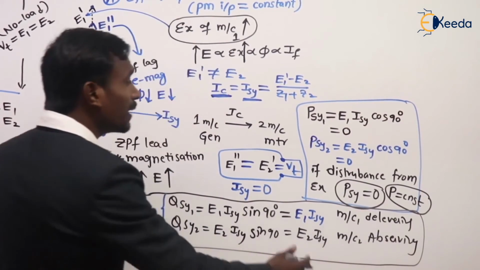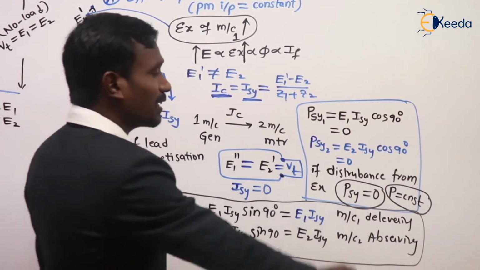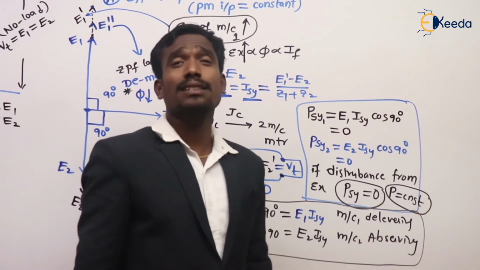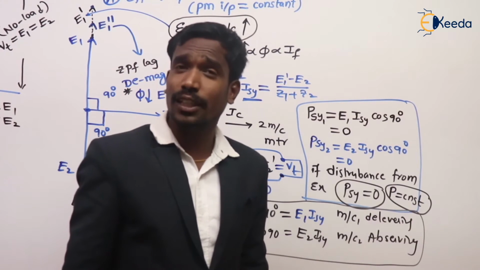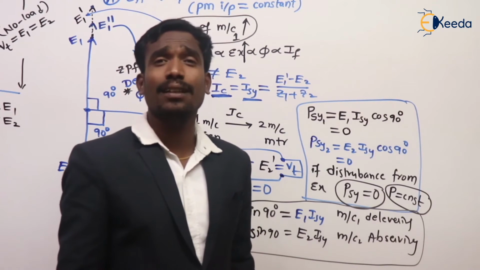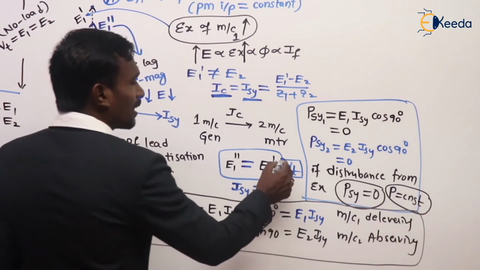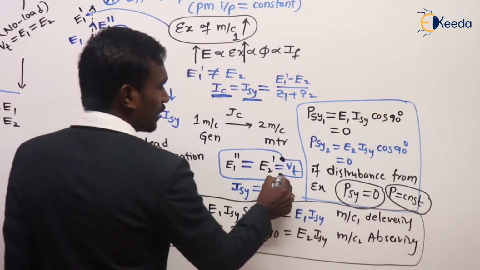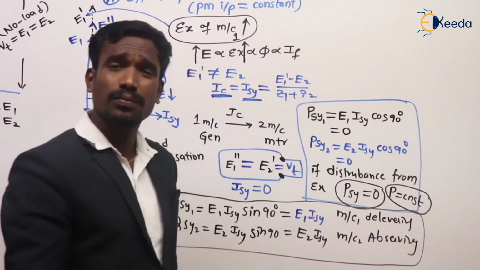In order to maintain constant terminal voltage, why does the synchronizing reactive power come into action? Why is it delivering and why is it absorbing? In order to maintain the constant terminal voltage only. This is our main aim.